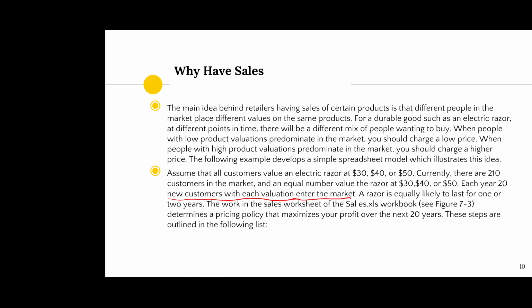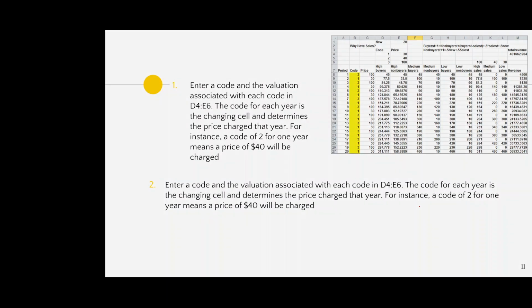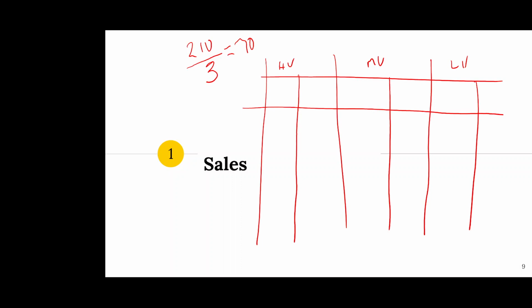And I think there's something missing here, so I'm going to have to add that the buyers and non-buyers are also equal segments. The author didn't put that, but this is how we did it: buyers and non-buyers are equal.